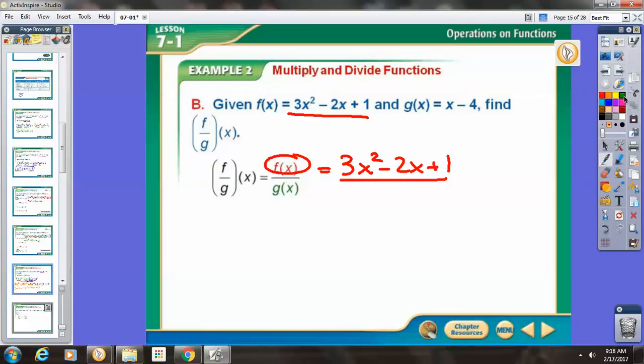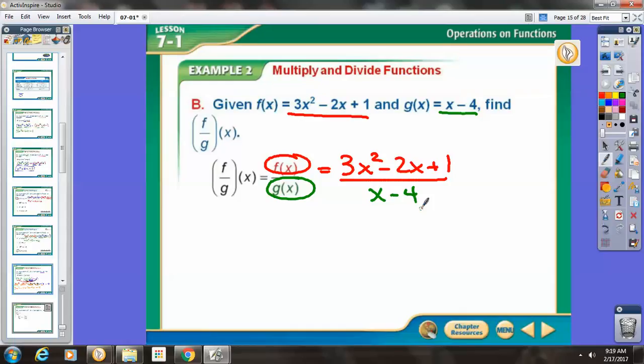And let's divide that by our g function. The g function is x minus 4. Would you like to do polynomial long division or synthetic division to get this answer? You could. I'm not going to require that you do that. You can leave your answer like this.